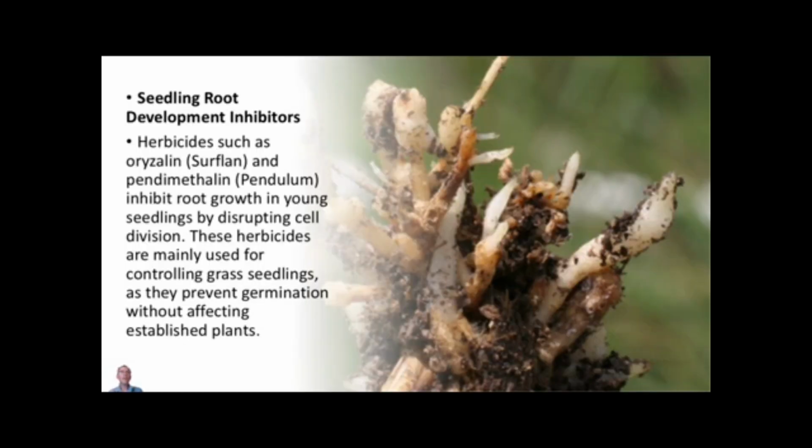Seedling root development inhibitors. Herbicides such as oryzalin (Surflan) and pendimethalin (Pendulum) inhibit root growth in young seedlings by disrupting cell division. These herbicides are mainly used for controlling grass seedlings as they prevent germination without affecting established plants.